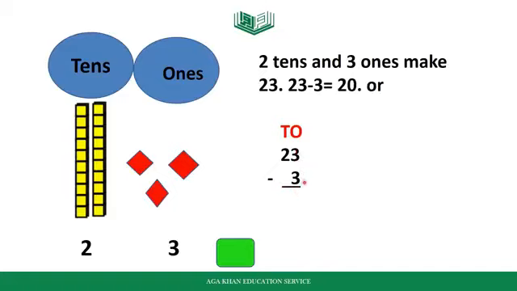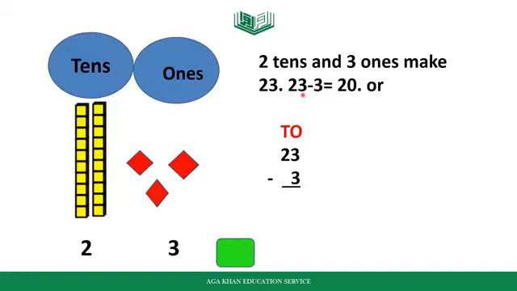We will subtract the number. See here, 23. We have 23 minus 3. Which form is this? This is the horizontal form, or horizontal way of doing sums.